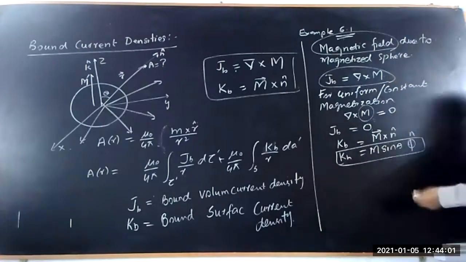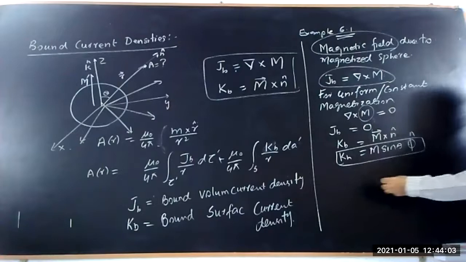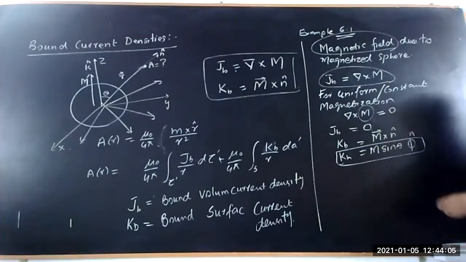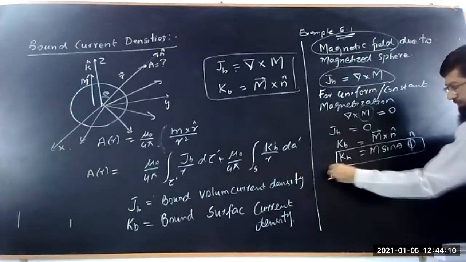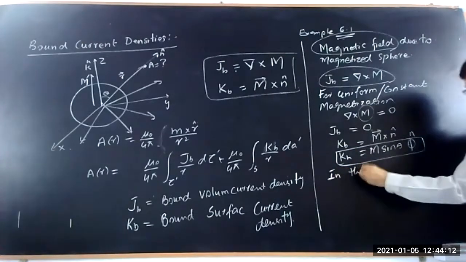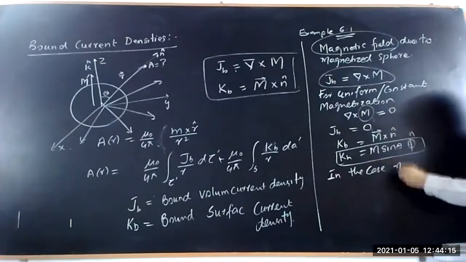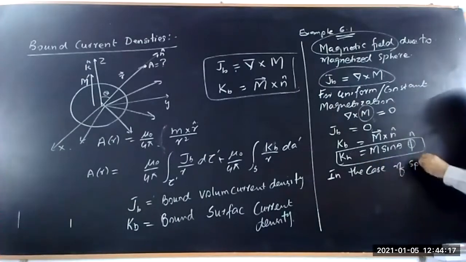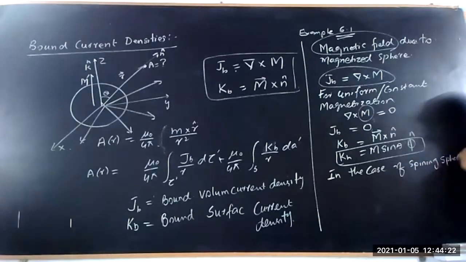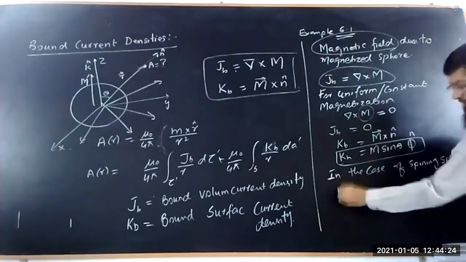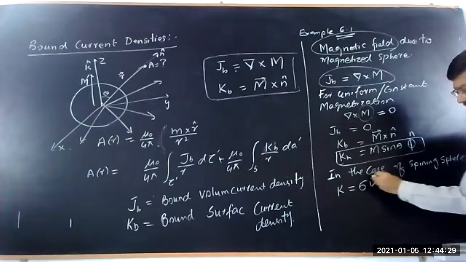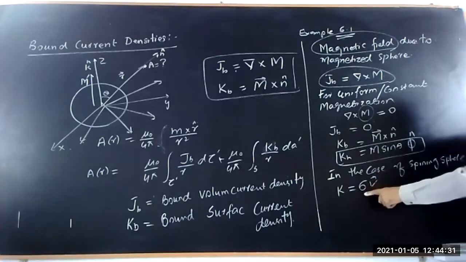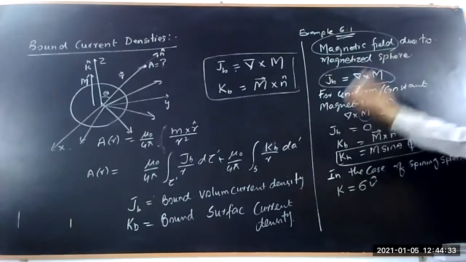For K B, if the sphere is spinning, in the case of a spinning sphere, then K, the current density, is equal to sigma into V. V is the spinning velocity, sigma is the surface charge on the sphere.